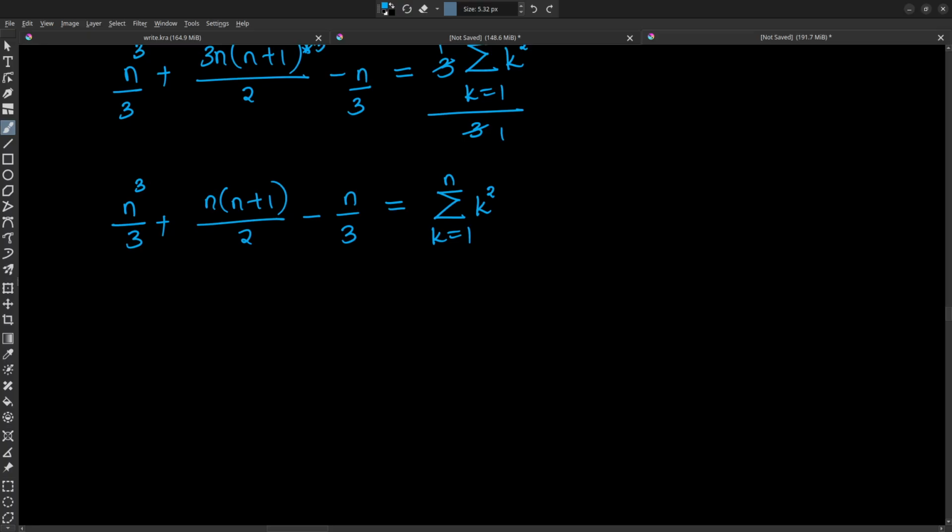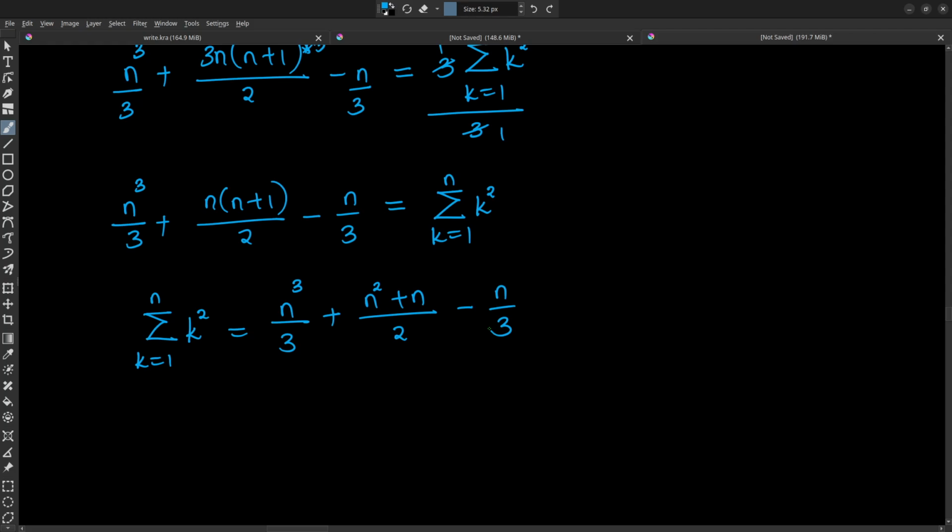Now let's rewrite this starting with the right side. So the summation from k equals 1 all the way to n of k squared equals n to power 3 over 3, and then plus, let's expand this, n times n is n squared, n times 1 is plus n, over 2, and then minus n over 3.